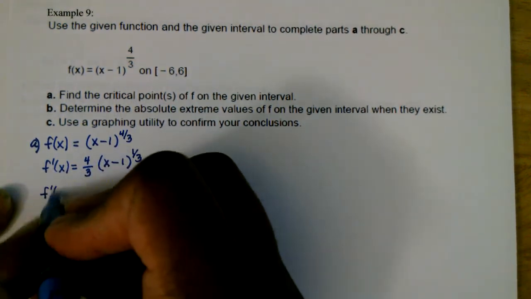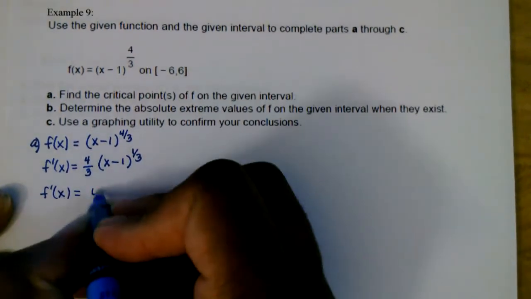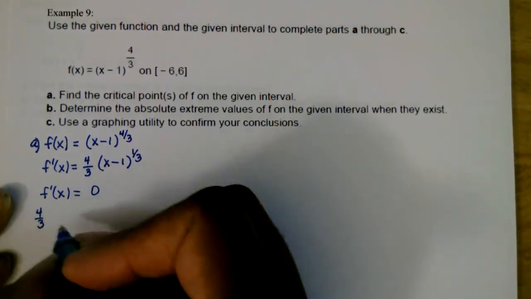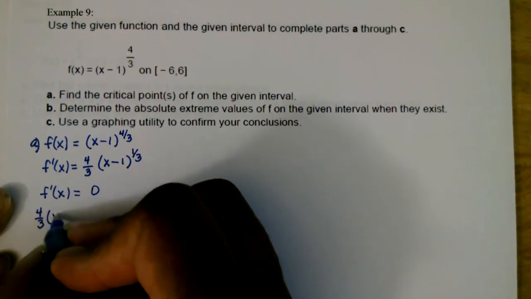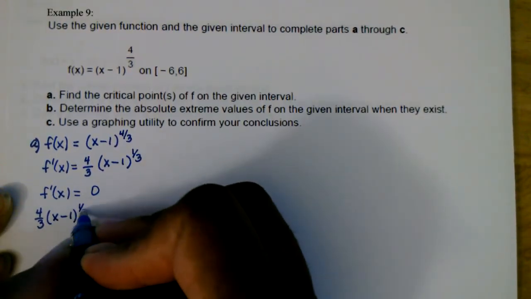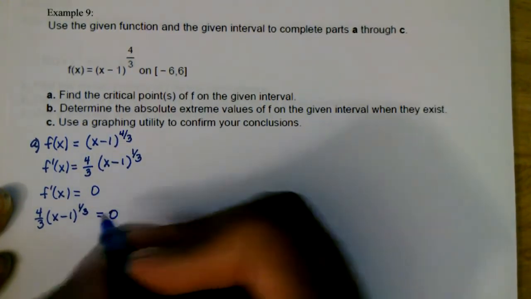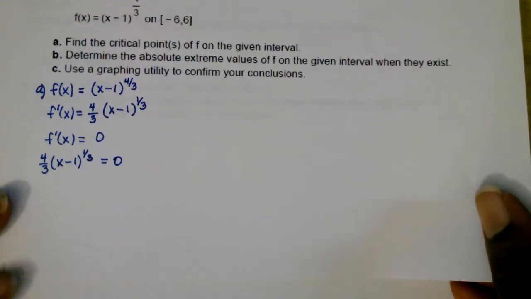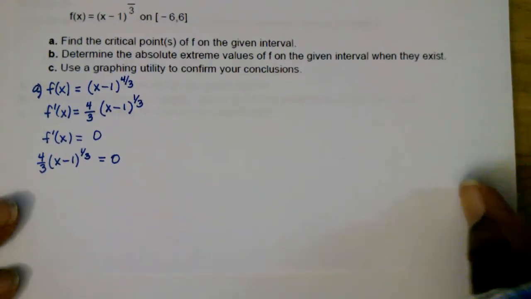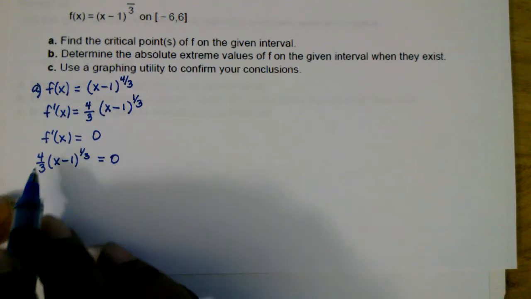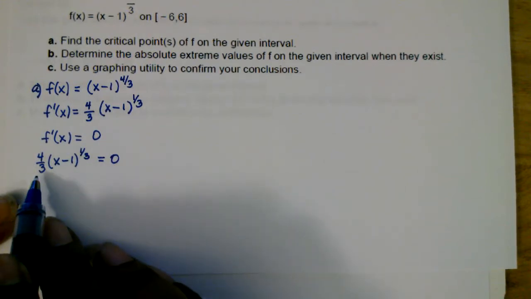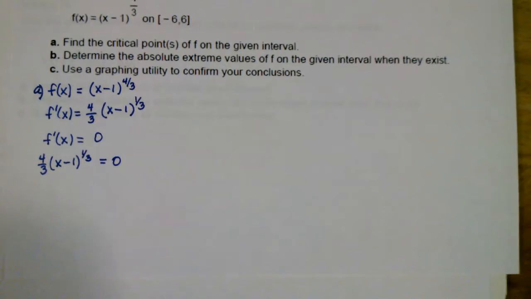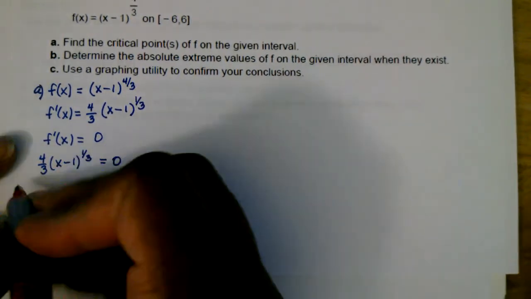And now we take f prime of x, set that equal to 0. And f prime of x was the 4/3 times x minus 1 to the 1/3. That'll be set equal to 0. All right, now in this case here, to get rid of the 4/3, I need to multiply both sides by the reciprocal, which is in this case 3/4.